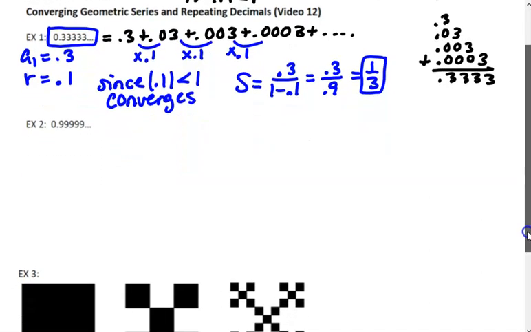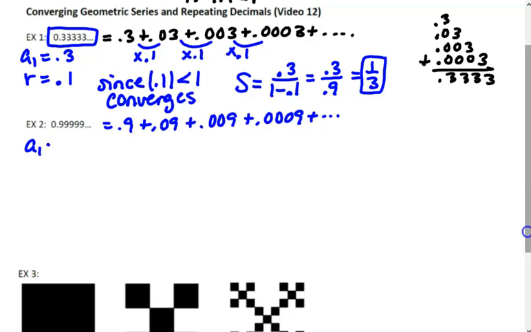Now something that may or may not make as perfect sense to you is this next one. We can do the same thing with this and say this is 0.9 plus 0.09 plus 0.009 plus 0.0009 plus, etc. And we have the same situation going on here, but with a different a sub 1. A sub 1 is 0.9, r is still 0.1, so we still have a converging sequence.